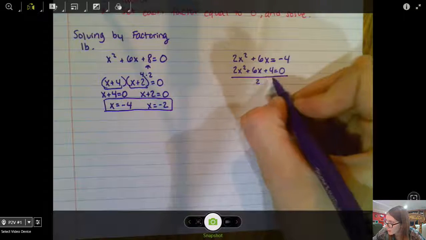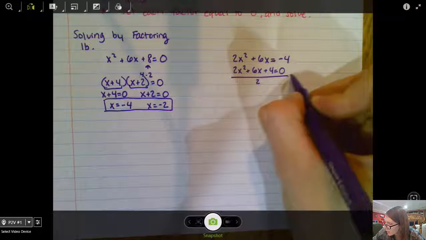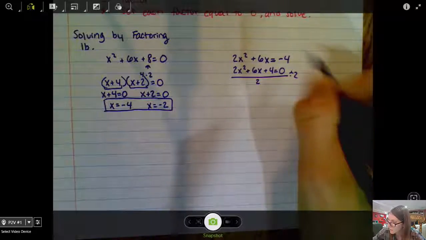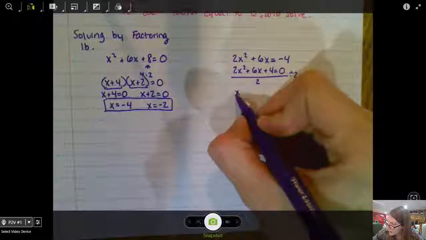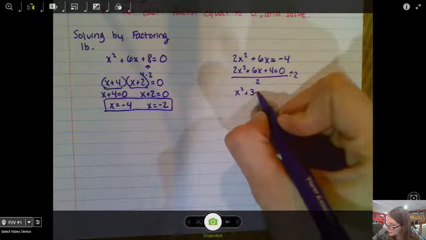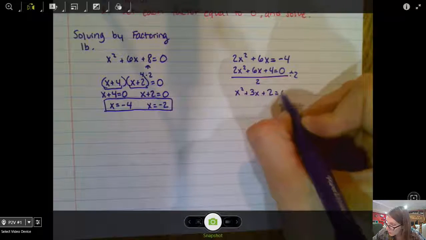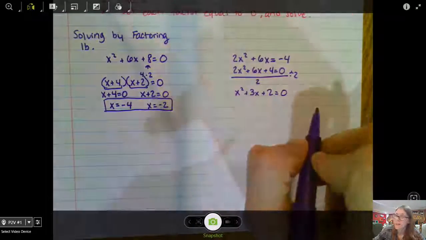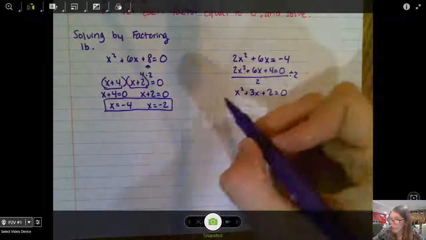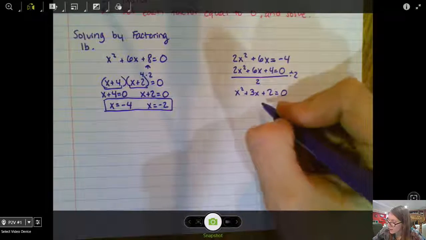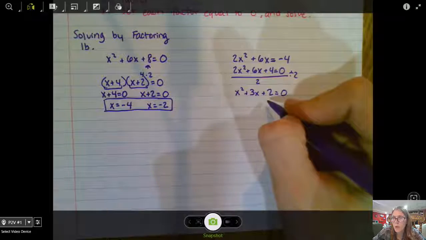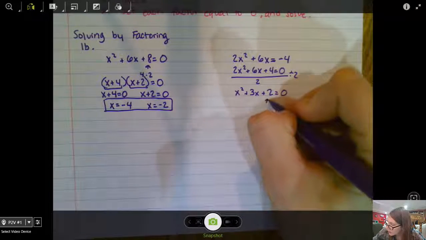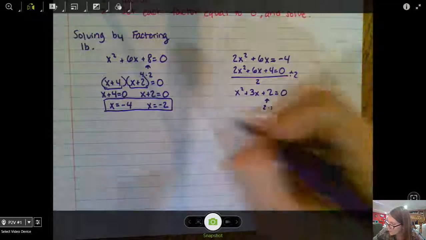I really should have written this in two places. So divide by 2, divide by 2. Okay, that gives me x squared plus 3x plus 2 equals 0 divided by 2 is 0. Now this makes my life a little bit easier because now I have 1x squared again. Okay, what numbers multiply to 2 and add to 3? 2 and 1.